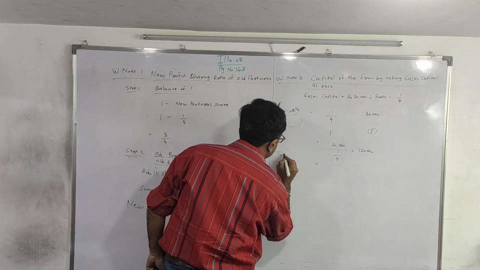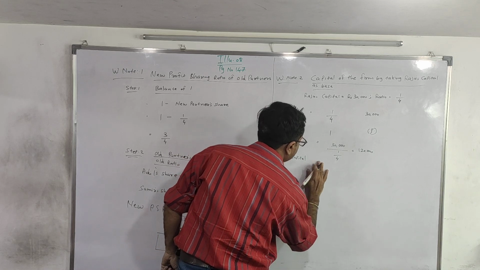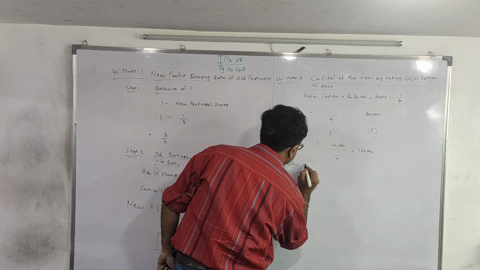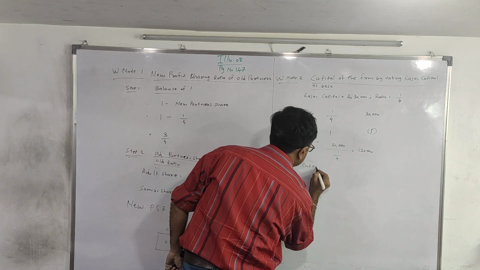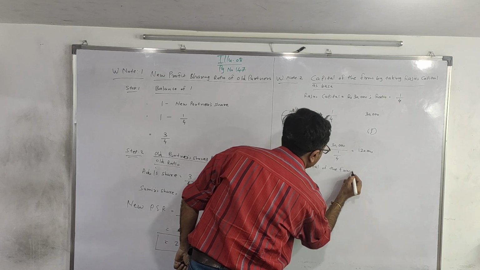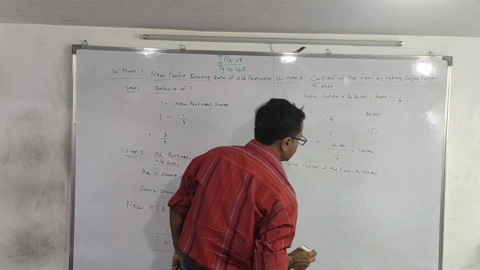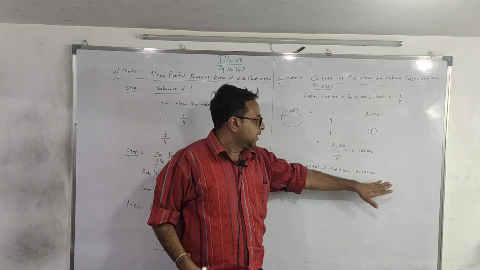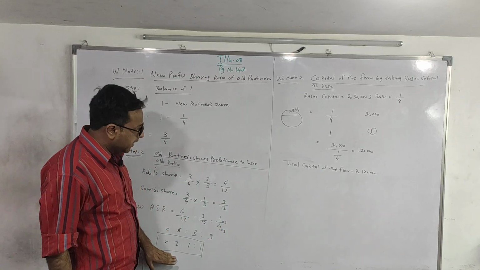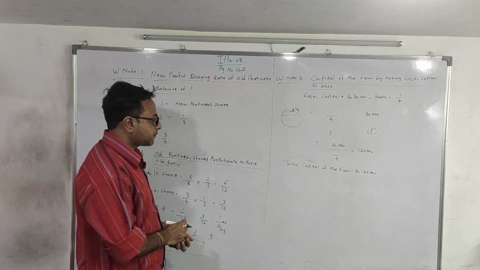So total capital of the firm is rupees 1,20,000. Now we will distribute this 1,20,000 in the new profit sharing ratio, which is in working note number 1, 2 : 1 : 1.